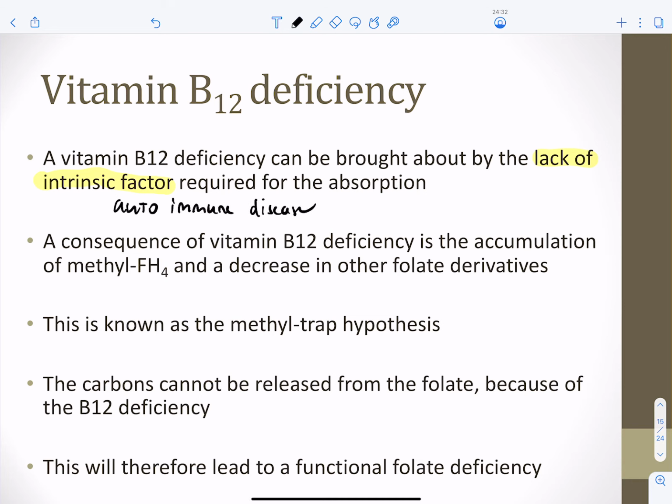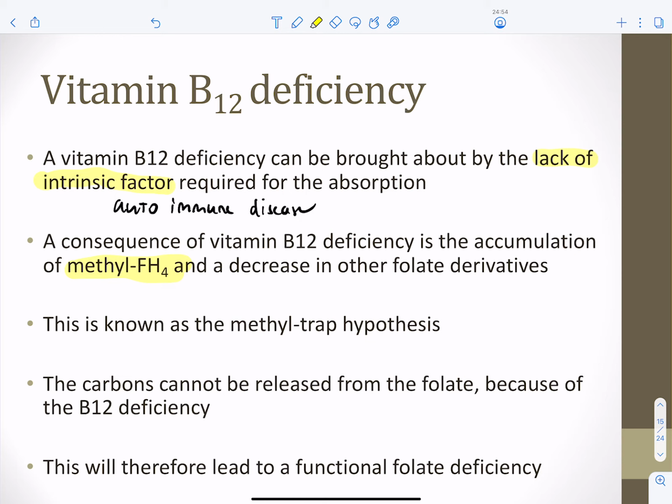Now, one of the consequences is going to be the accumulation of methyl tetrahydrofolate. As I said before, the most reduced form of tetrahydrofolate cannot easily be oxidized. And so one of the big ways to get rid of this form is to transfer that methyl group to vitamin B12, and then you can regenerate tetrahydrofolate.